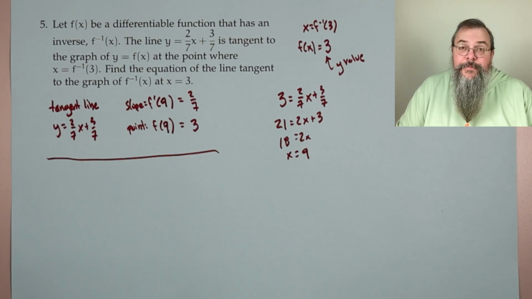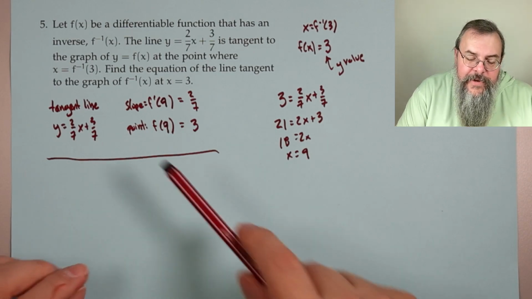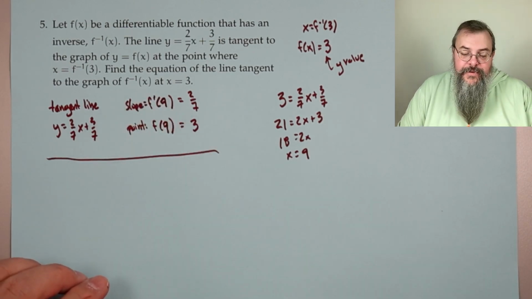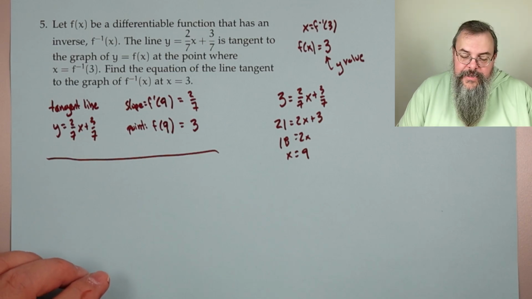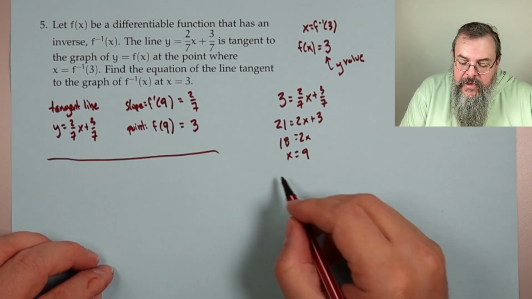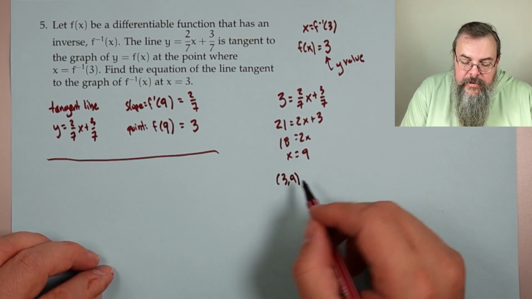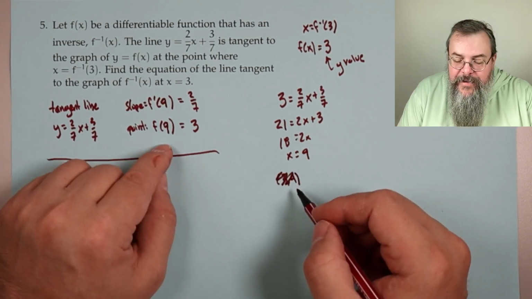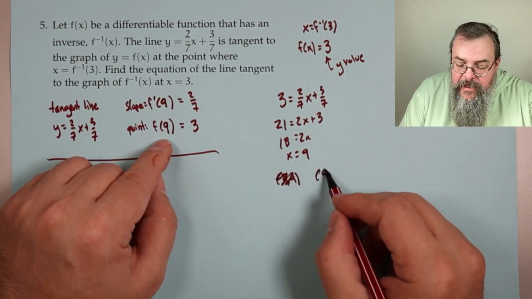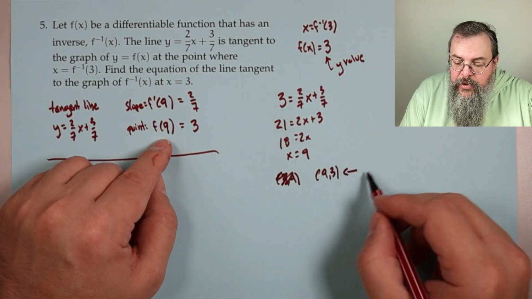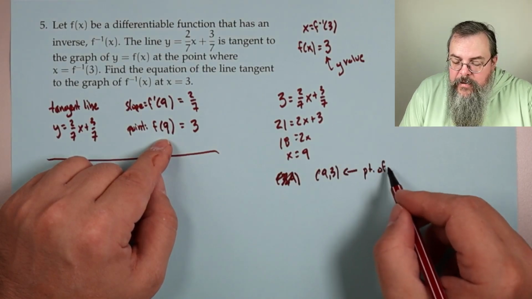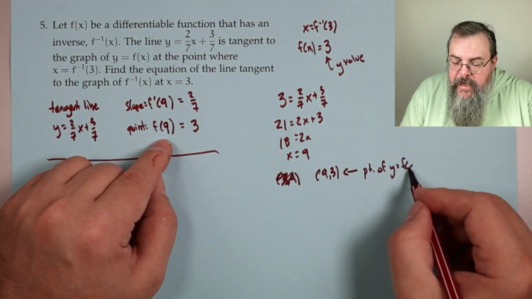Now, what's our goal? We're trying to find the tangent line to the graph of f inverse of x at x equals 3. So notice that the point, sorry, excuse me, I got ahead of myself. This is 9, 3. This is a point on the graph y equals f of x.